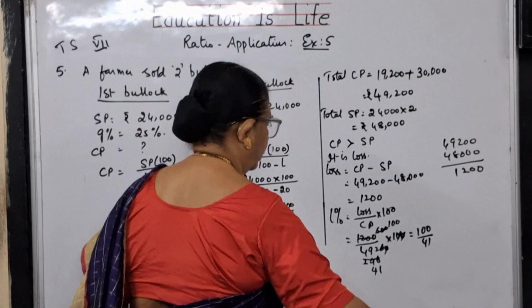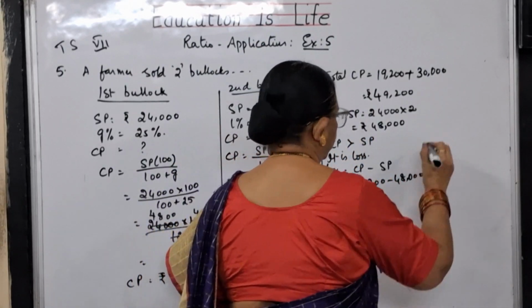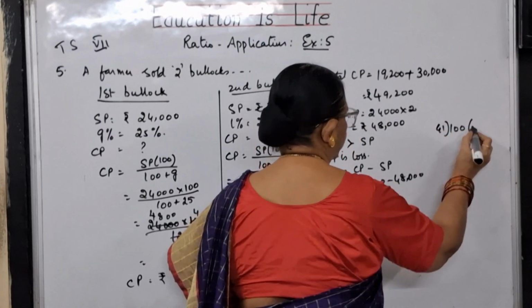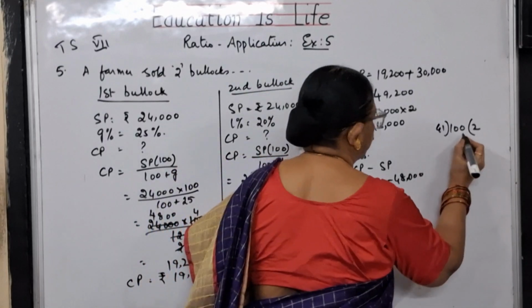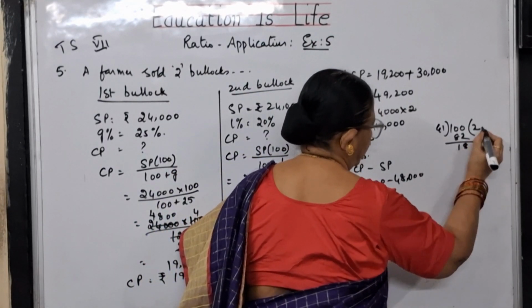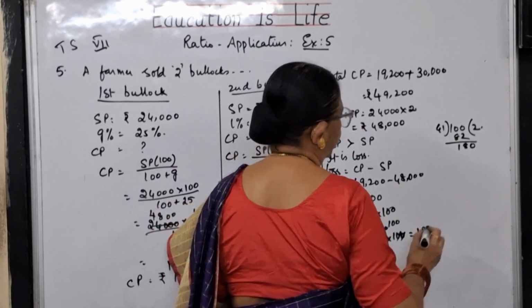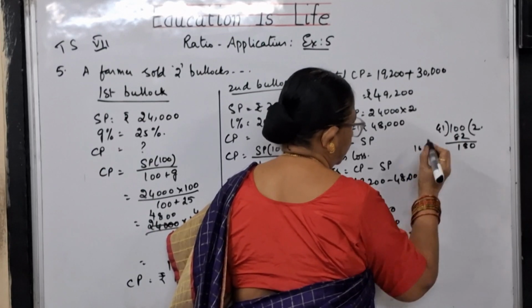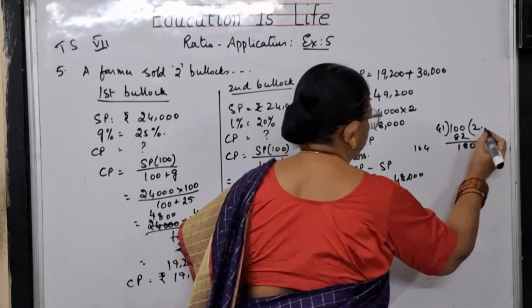Loss. So, let us divide 100 by 41. 2 ones are 2, 2 fours are 8. So you are getting 8 here, 1 here, 0.0. So 4 fours are, 4 ones are 164.